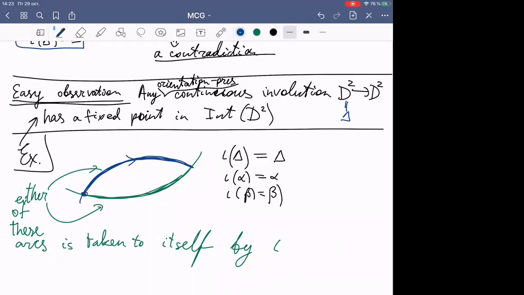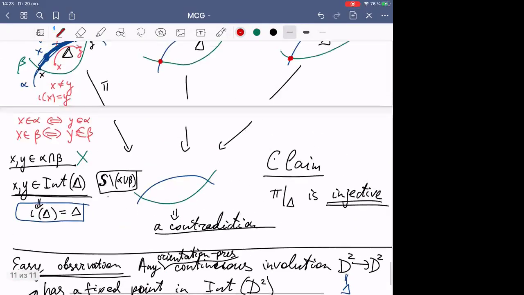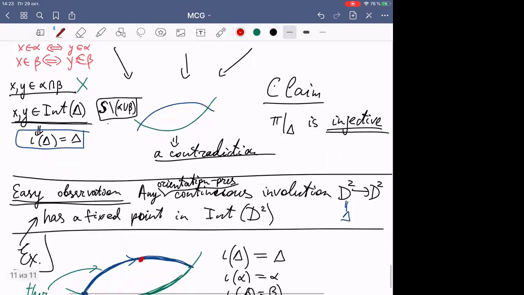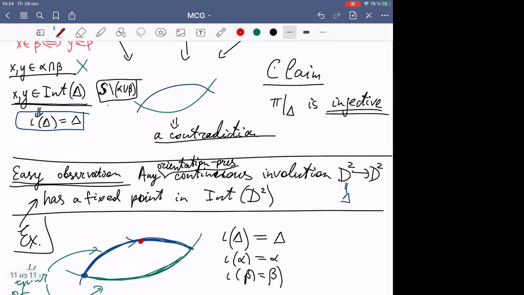If an arc is taken to itself reversing the orientation, then there is a fixed point in the interior of this arc. It is better to finish the proof like that. So we again have a fixed point here, but we have already understood that it is not possible.